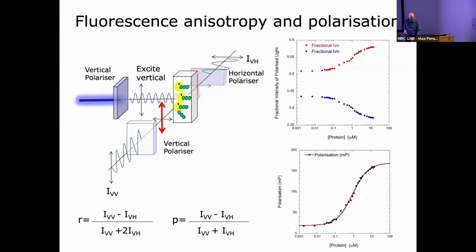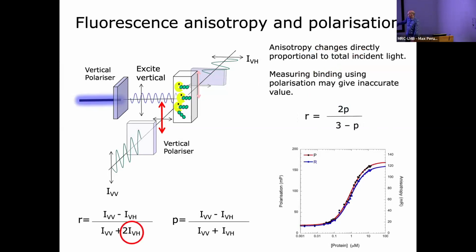The reason is that polarization isn't actually directly proportional to the total amount of incident light. So anisotropy is the one to use, because it has twice the amount of light there and takes into account all the different vectors. But it's easy to convert in papers; you can just convert from polarization to anisotropy.